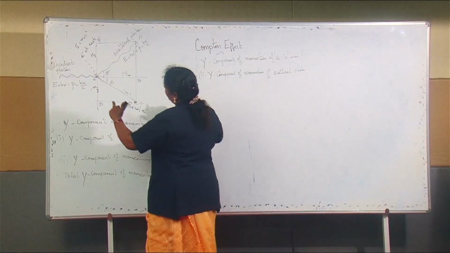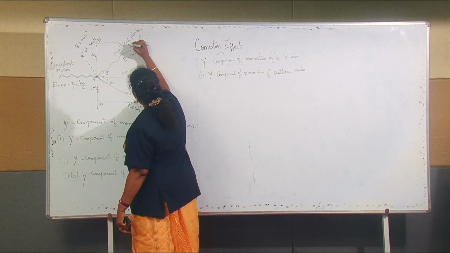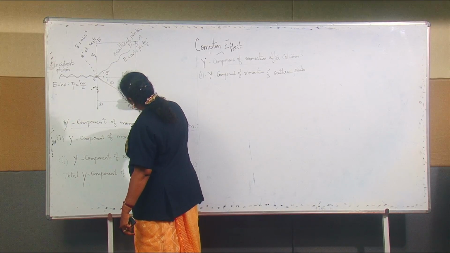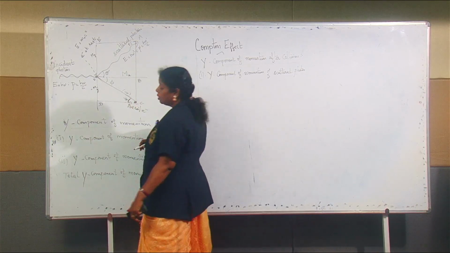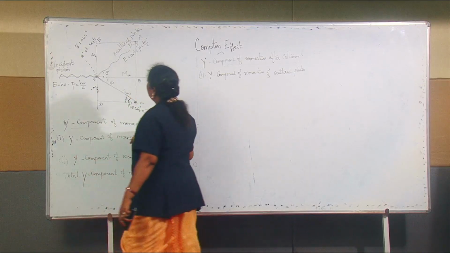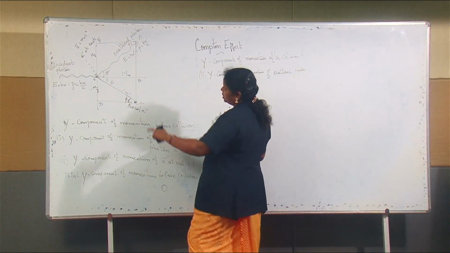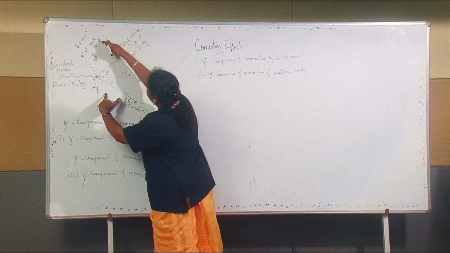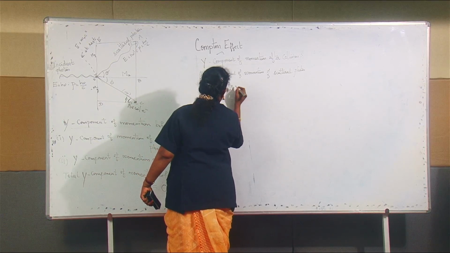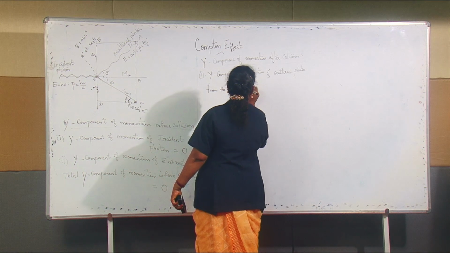If we have theta, then this opposite angle is also theta, right? And similarly here we have angle phi, so this side is also phi. By this concept, we want to find the y component of momentum of the scattered photon. Which triangle can we take? The triangle OAE.